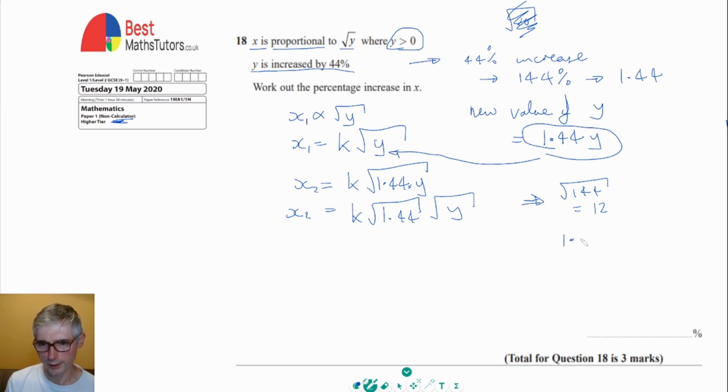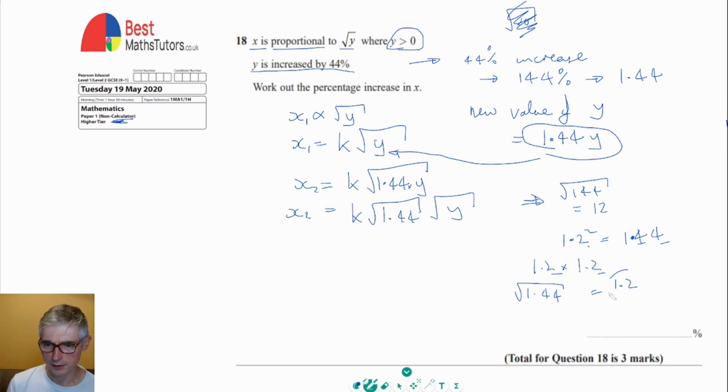If we were to square 1.2 instead of 12, we still have all the same digits, but the decimal point would have to go there, because we'd have two digits after the decimal point. It's squared, so we've got 1.2 times 1.2. We'd have two digits after the decimal point, so we'd have to have the same in the answer. So that means that the root of 1.44 is actually 1.2.